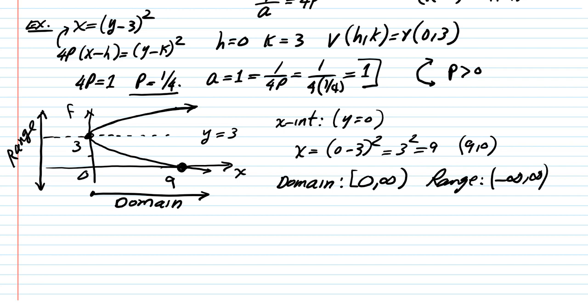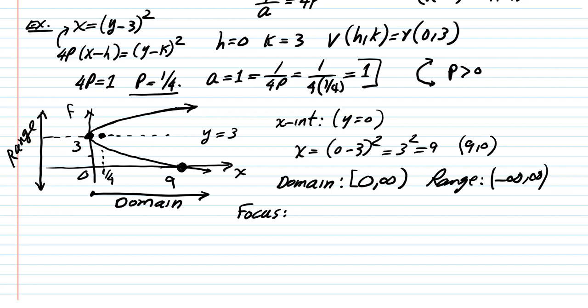The focus, by the way, remember, let's find the focus too for all of these. Focus is going to be the distance from vertex to focus, that's p, right? So I'm going to add that p, which is 1/4. It's going to be basically right here, right? It's only a quarter away from 0. P is 1/4 distance in front of the vertex.